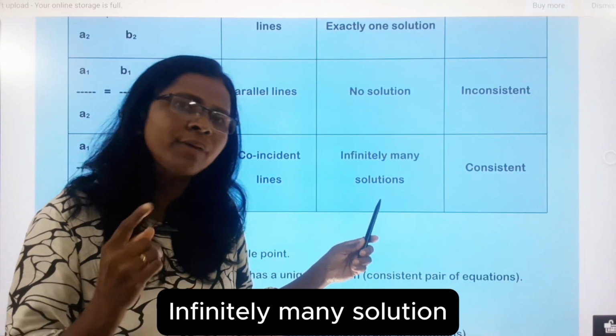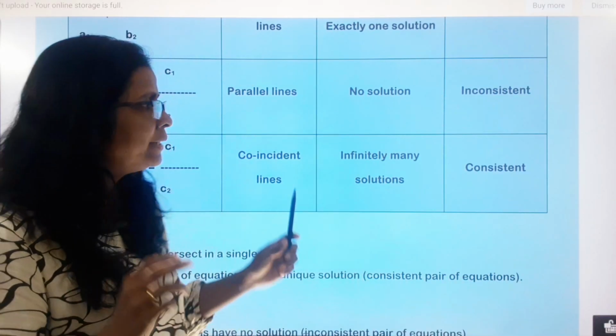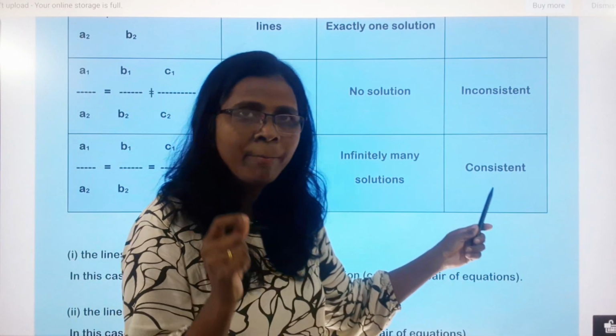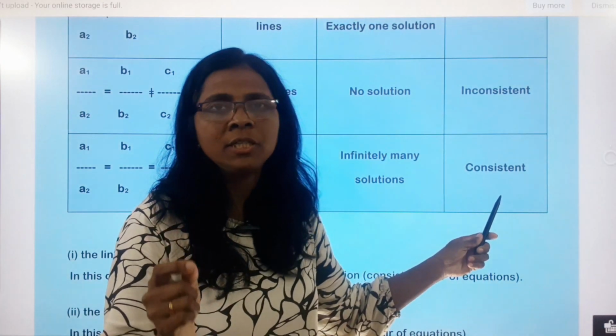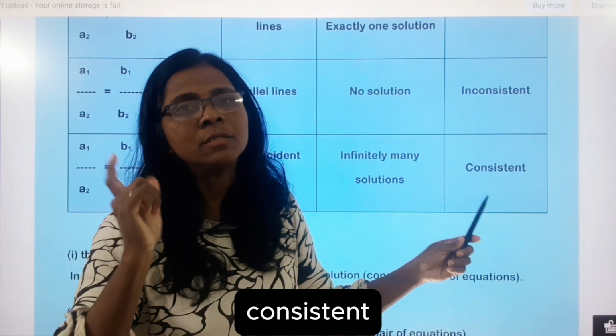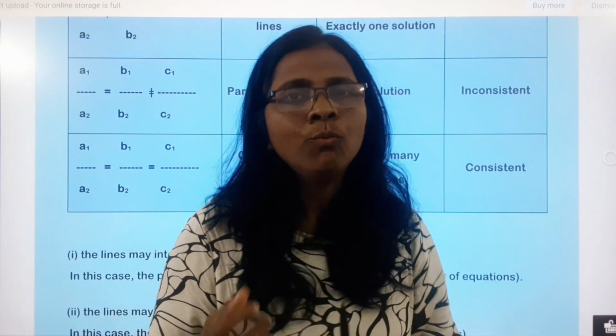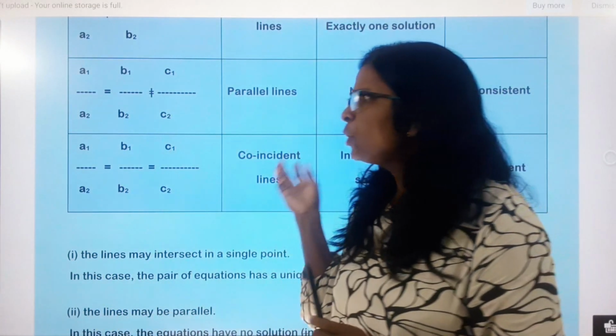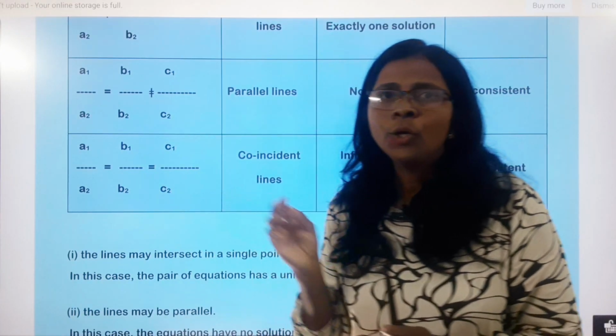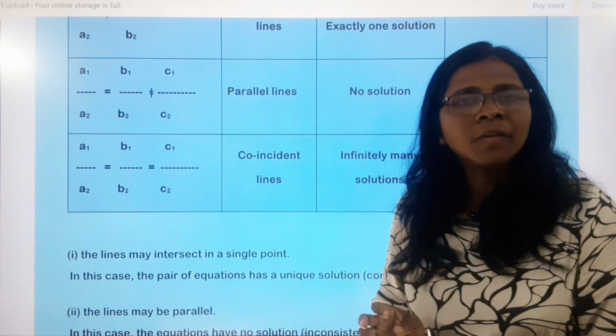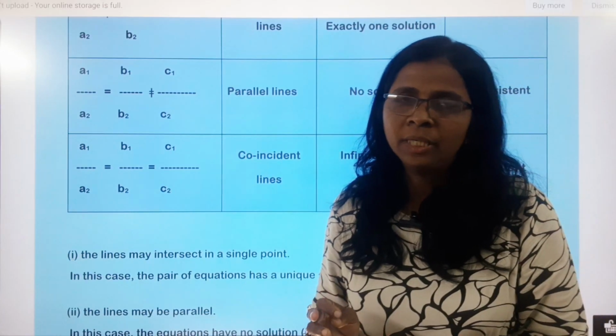We get infinitely many solutions, and that means a pair of linear equations is consistent. So this way, in tabular form, we get the representation of a pair of linear equations in two variables.